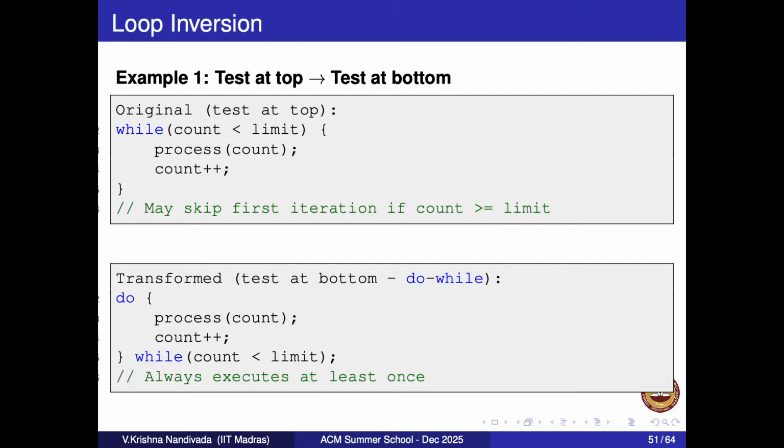Which is better? While or do while? It's not a constant. If the loop is executed n times, we are saving n jumps. We are saving n jumps, boss. And that's huge.